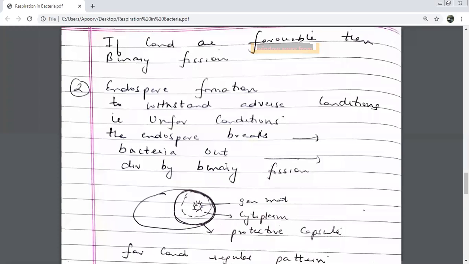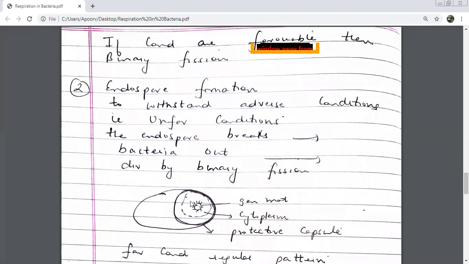If conditions are suitable, directly binary fission. If conditions are unfavorable, then first endospore formation, and after that you will have which process? Binary fission. That is why we have put it in modes of reproduction, because later for sure binary fission will happen.